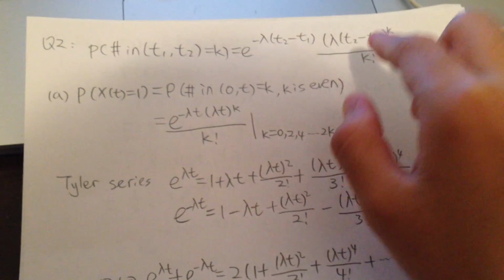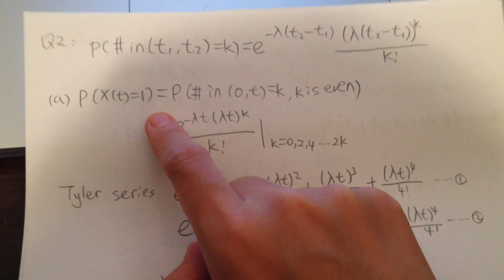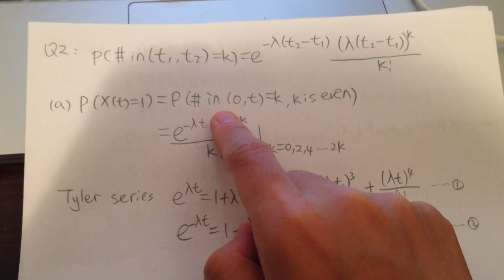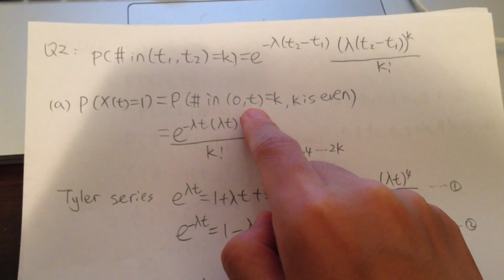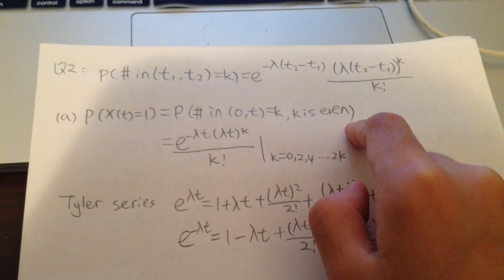For the first question, we need to find the probability that X(t) equals 1. It should equal the probability that the number of arrivals between 0 and t is even.